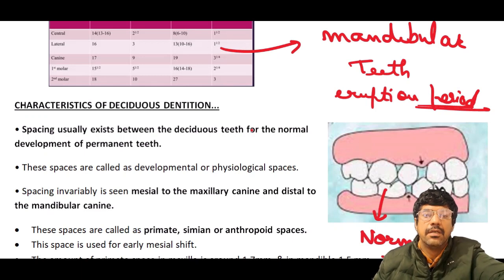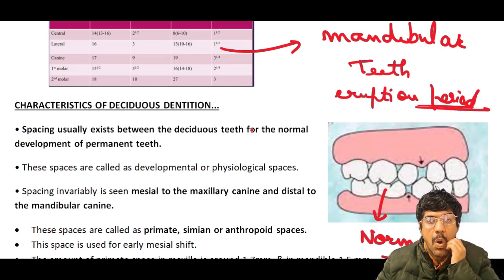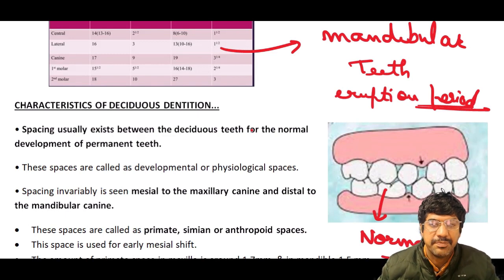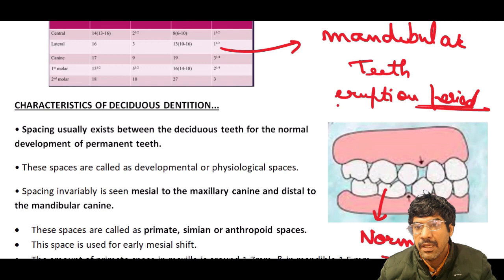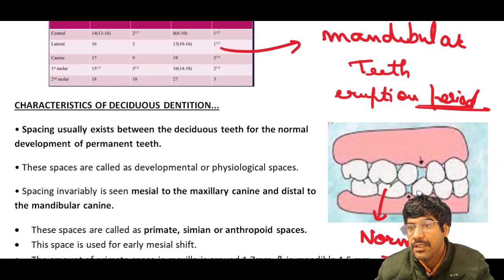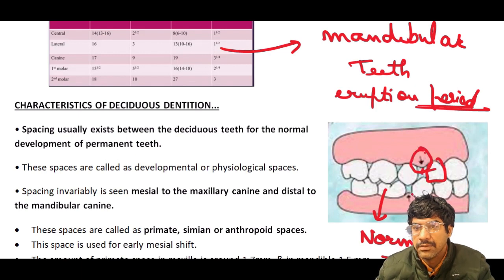Now, what is the location of these spaces? They are typically seen mesial to the maxillary canine, and in the mandible, distal to the canine.